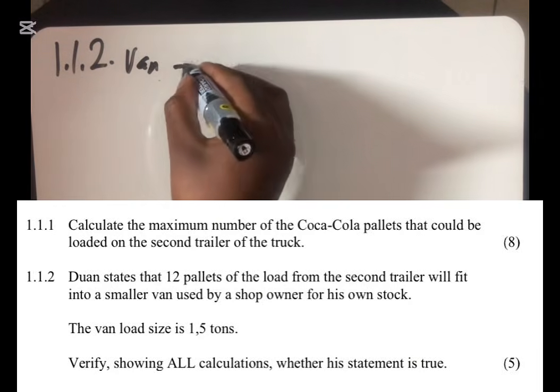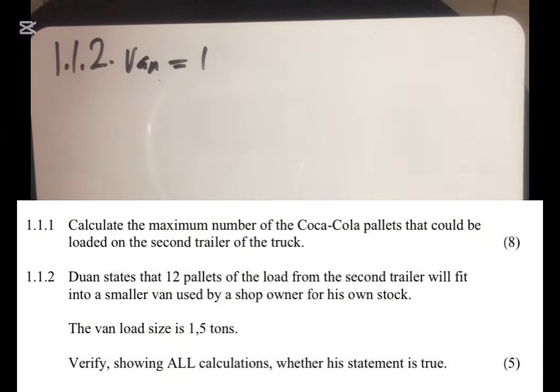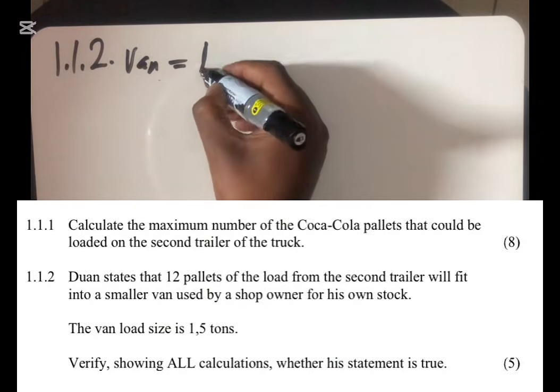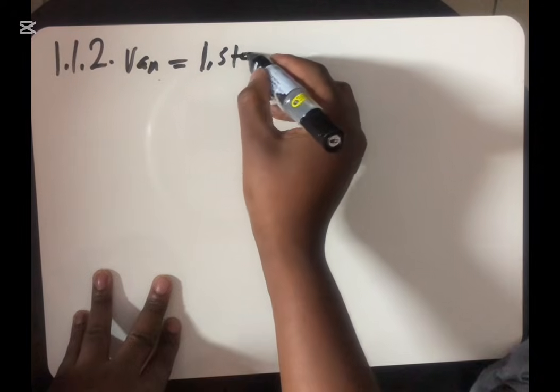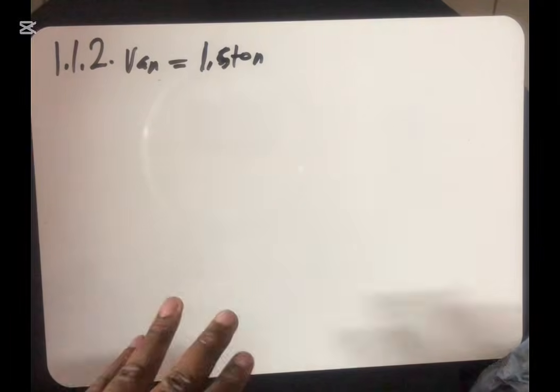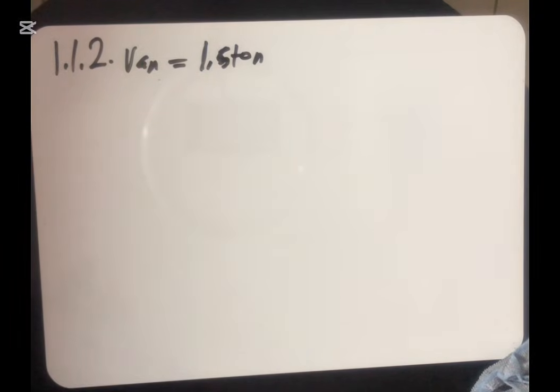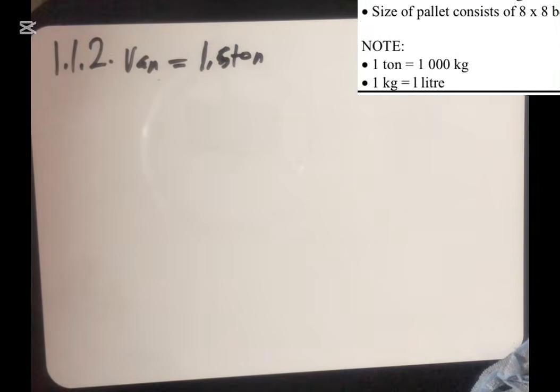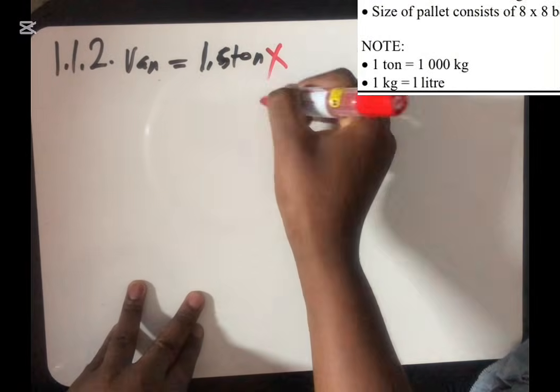We know that this van can only accommodate 1,5 ton. That is the only weight that this car can be able to carry, is 1,5 ton. So I want us to convert this to what? To kg.